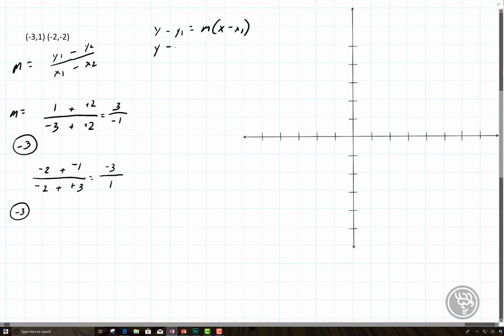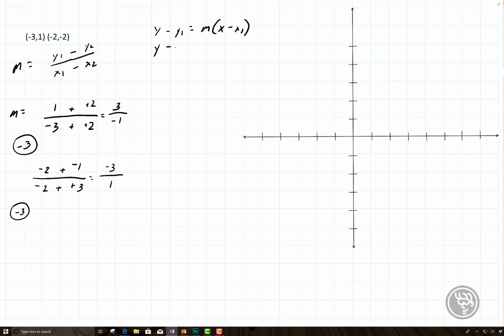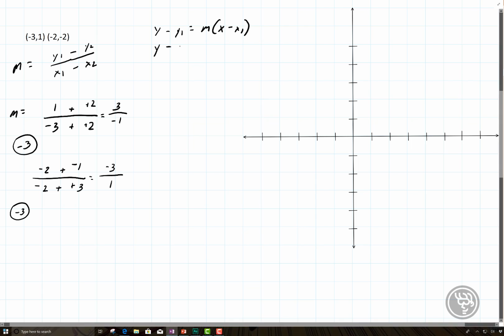I think that's always the easiest. So we're going to go with the 1, and that's equal to negative 3, by the way, times x minus, in this case it's a minus 3, so I'm going to write it down anyway.